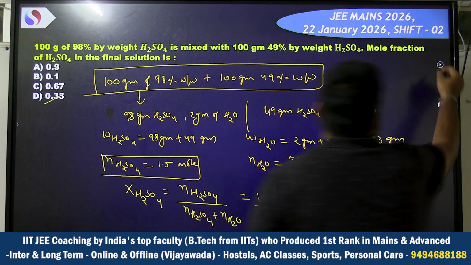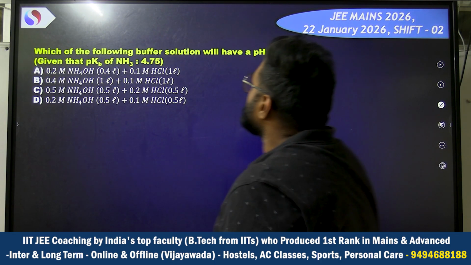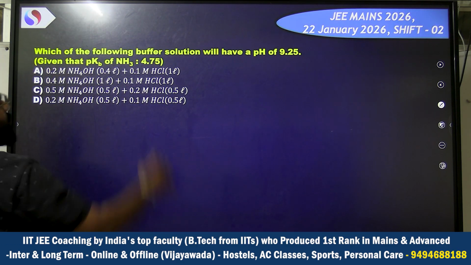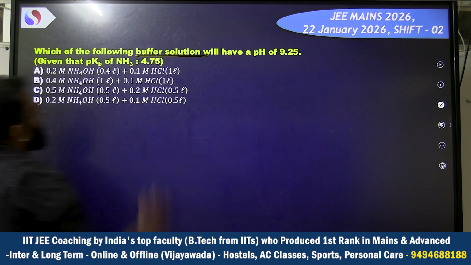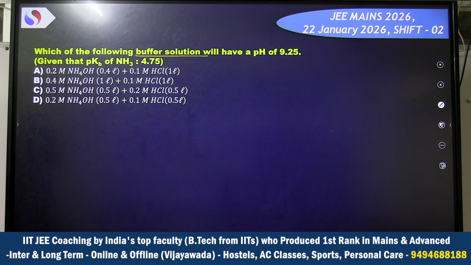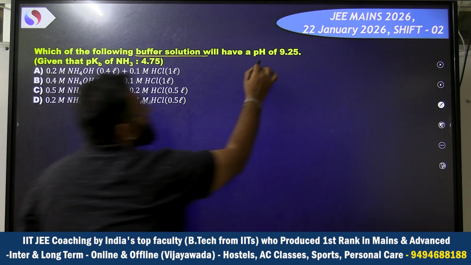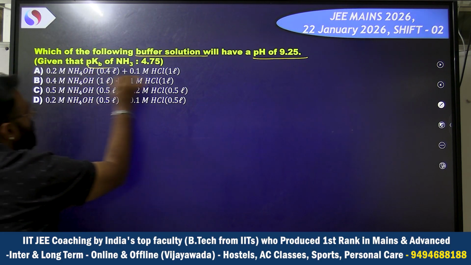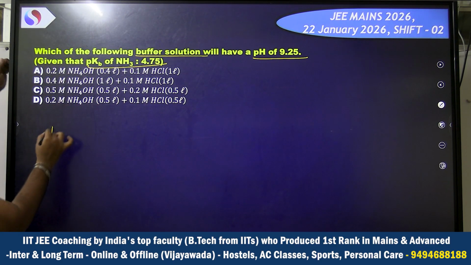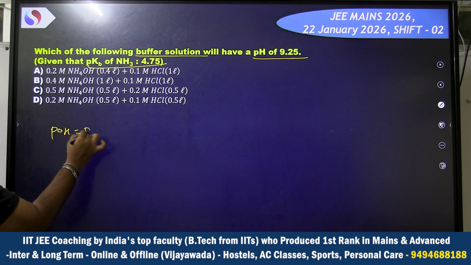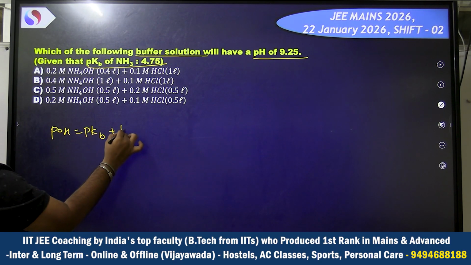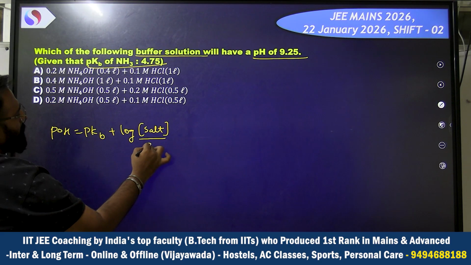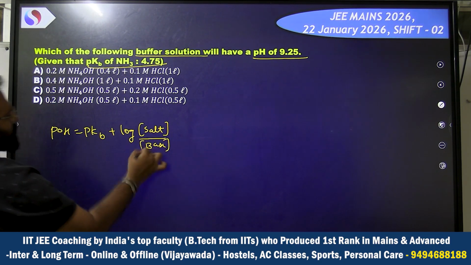Next question: which of the following is a buffer solution that will have pH of 9.25? We have details about buffer solutions, the question says pH is 9.25 and pKb is given. So which formula will we use? pOH is equal to pKb plus log of salt upon base. This will be our Henderson equation.